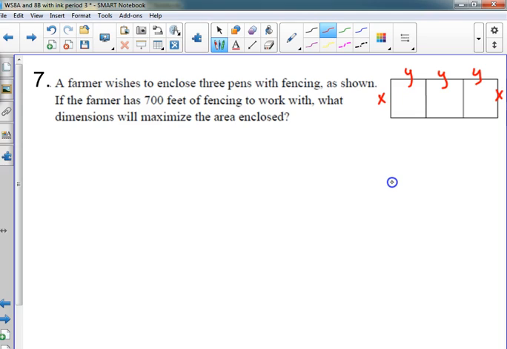So what is the area of this thing? X times, how long is this whole thing? Would you add or multiply those? Add, right? So you'd have 3Y. What about the perimeter, the amount of fence needed?